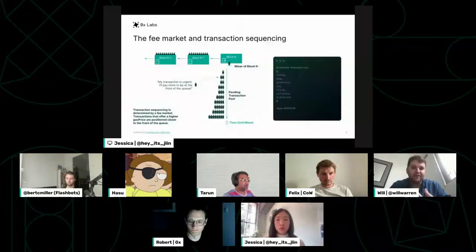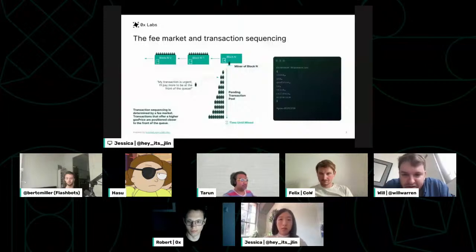Eventually a miner will select the transactions paying the highest gas price and put them into the block, because that's the economically efficient thing to do to maximize their fee revenue.